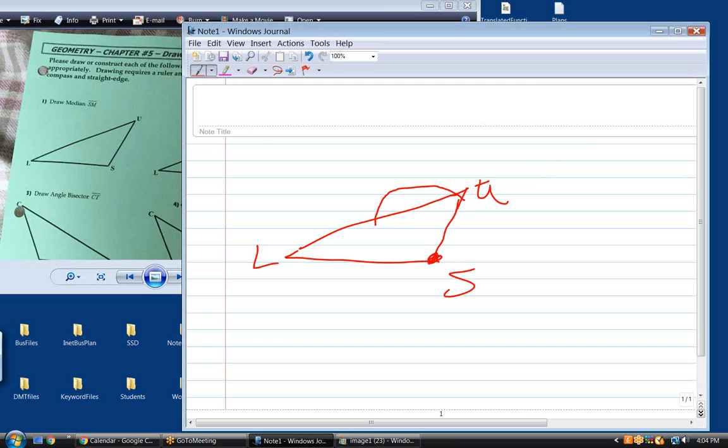Now, without changing your compass, put 1 needle point there and draw an arc up there like that. Put the other needle point at the other intersection. Without changing this distance, draw another arc like that. Now, when you connect the 2 lines, you will have a perpendicular line.